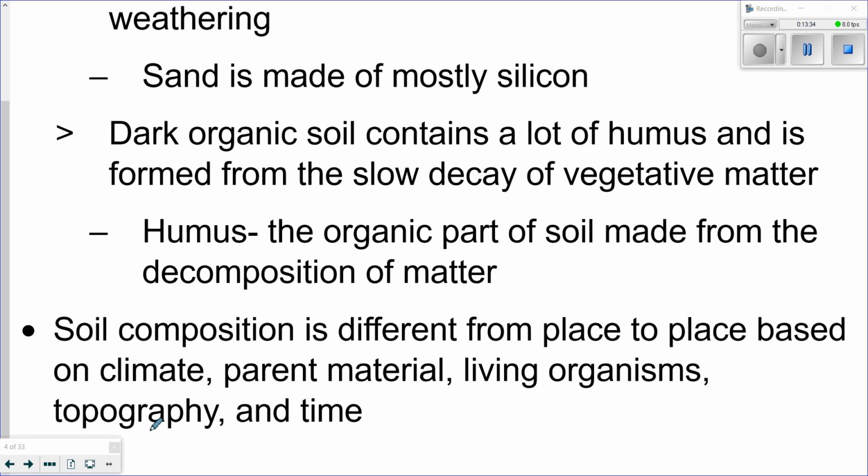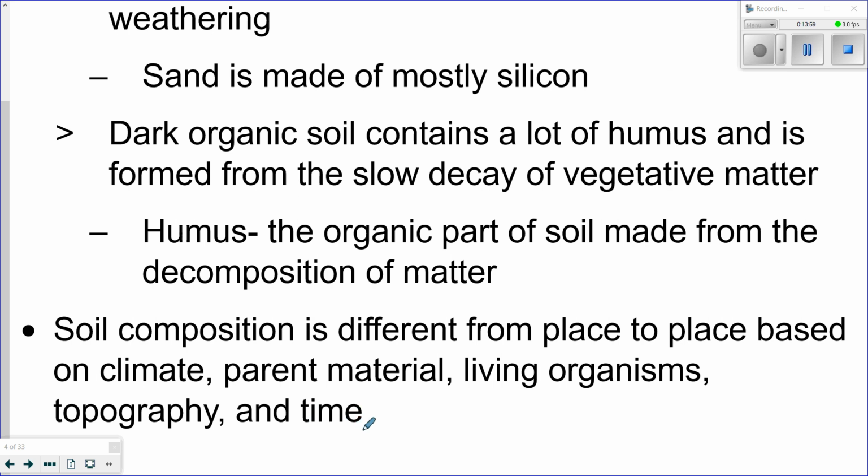The topography, this is going to be kind of the landscape of the area. So like a valley would have more nutrients than the side of a mountain due to runoff and things like that. So it could be based off a location. And another is time. How long has that material been there?